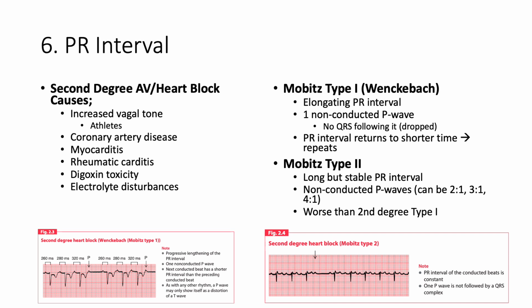So I think we've got type 1 over here, so our Wenckebach, and you can see that it's getting a bit longer, and then there's a P without a QRS. You can pretty quickly see there's a big gap here and everything else is regular, and then you look back at the PR interval.